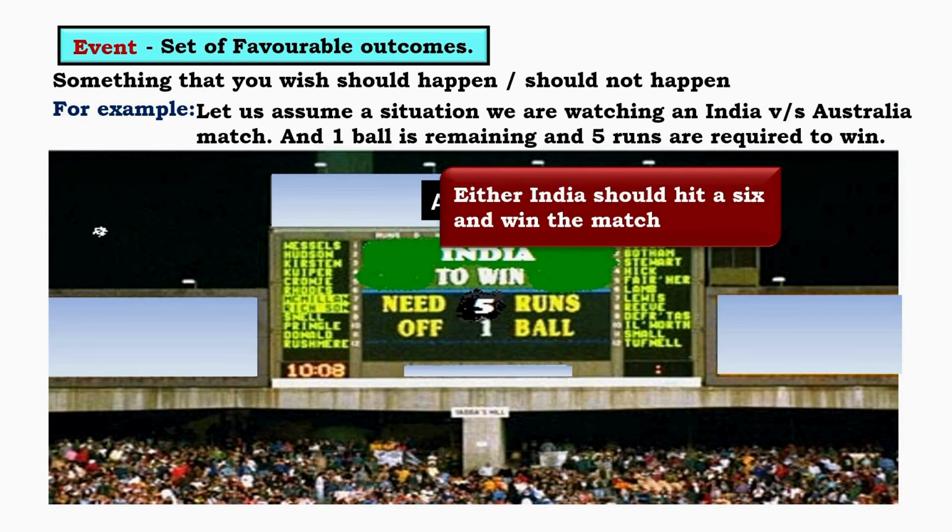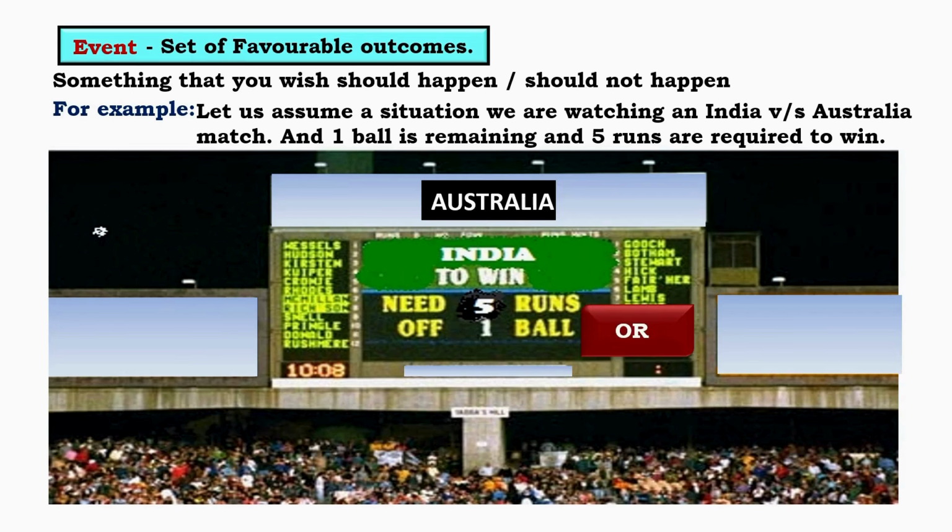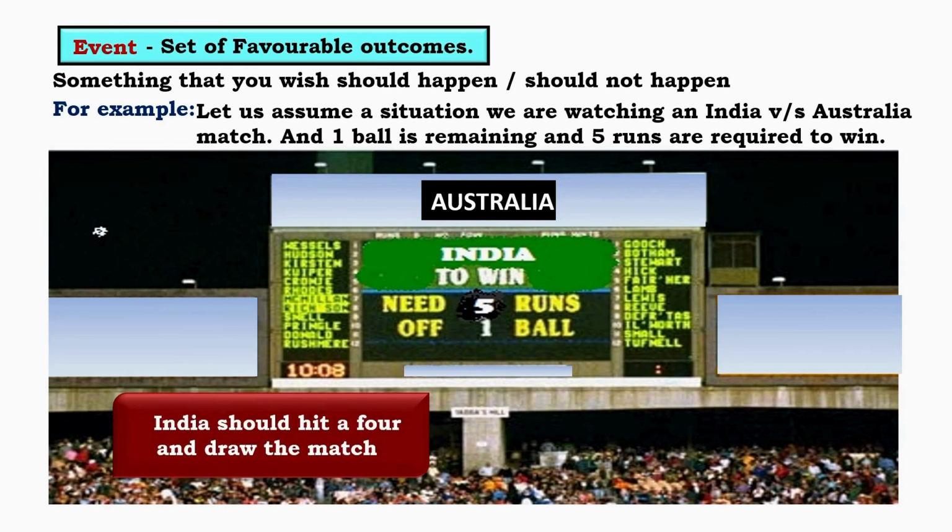To win the game, what does India need to do, because only one ball is remaining and 5 runs are required? Either India should hit a 6 and win the match. Or India can hit a 4 and draw the match, because 5 runs are required.